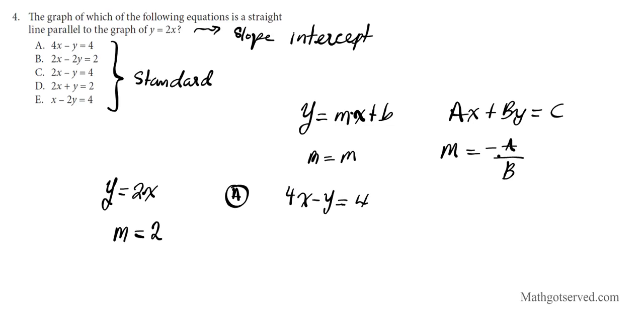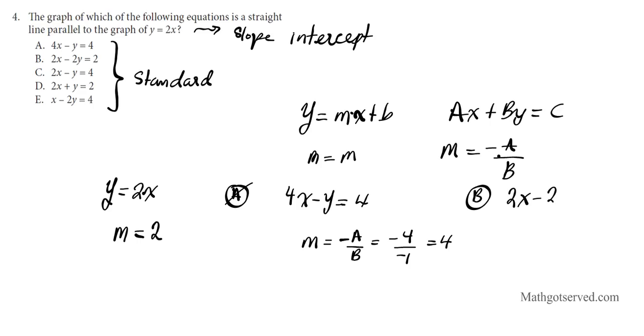In this case, a is 4, b is -1, so the slope is, remember, -a over b, which is -4 over -1, which is just 4. Is 4 equal to 2? No, that's wrong.